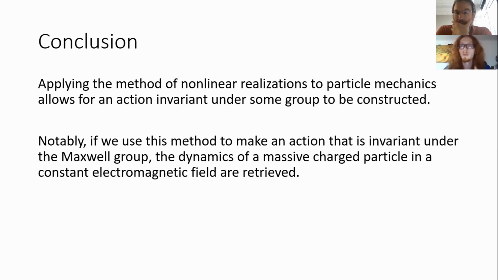But notably, the upshot of my project that I worked on over the summer is that if we use this method to make an action that is invariant under the Maxwell group, we get the dynamics, again, of a massive relativistic charged particle in a constant electromagnetic field. And that's my talk. I guess I can open it up for questions now.